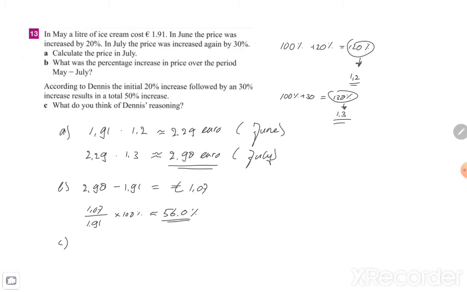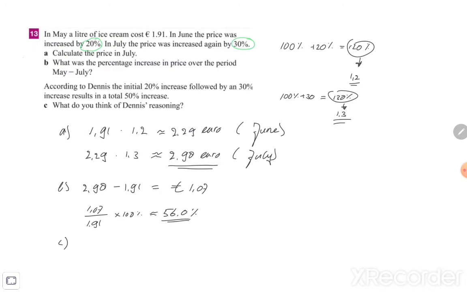Now, if we look at exercise A and B, in exercise A they ask you to calculate the price in July, and that's what we did. And in exercise B we looked at the percentage increase. In A and B we used the 20% increase in June, and then later a 30% increase in July. And 20 plus 30 is 50%. And according to Dennis, the total price will increase by 50%.